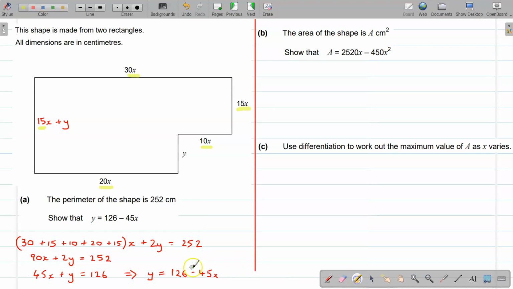So it's just a bit of algebraic manipulation, but obviously you need to make sure you've accounted for all the lengths in your working.